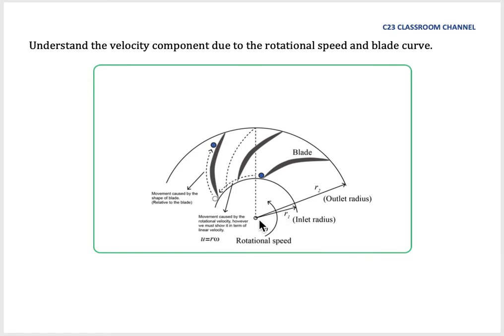If we calculate for the inlet, we use R1. If we calculate for the outlet, we use R2. And omega is in radian per second. If the pump speed is in RPM, rotations per minute, you can use U = R omega = pi D N over 60.